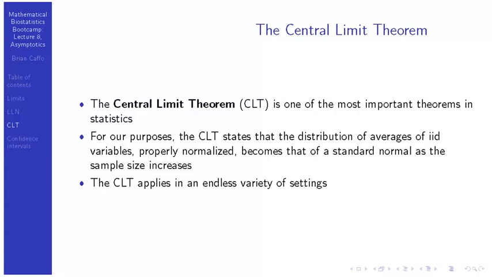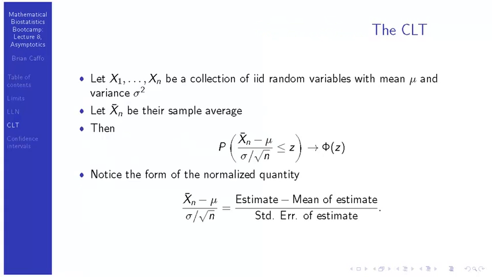The majority of inference you do, if you've used statistical software and calculated a p-value or a confidence interval, probably has asymptotics as its underlying motivation in most cases. Maybe not all cases, but in most cases you're probably appealing to some use of the central limit theorem, especially if you have larger sample sizes. Let's actually just state the central limit theorem, at least as far as we're going to use it.